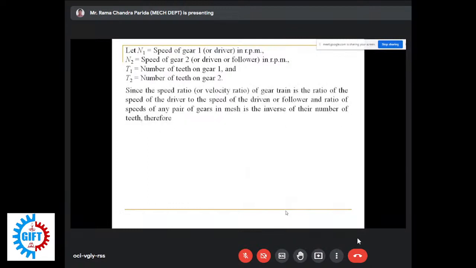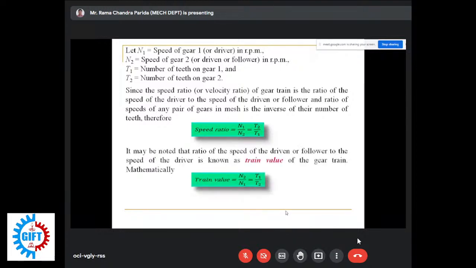We also derived the speed ratio and train value in the previous class. So if N1 is the speed of gear 1 and N2 the speed of gear 2, and T1 and T2 are the teeth on each gear, you can see what we have derived for the simple gear train. N1 by N2 represents your speed ratio and N2 by N1 the train value.